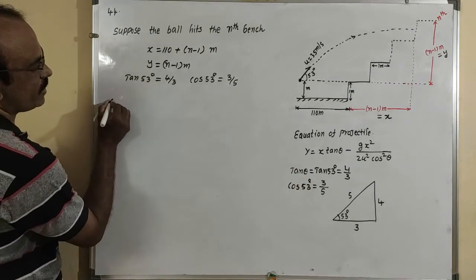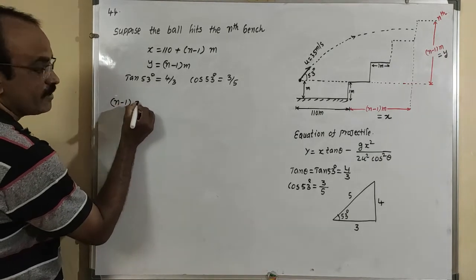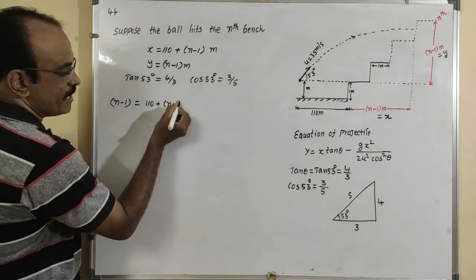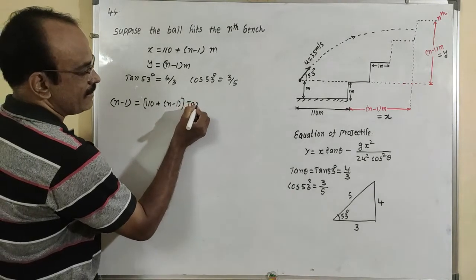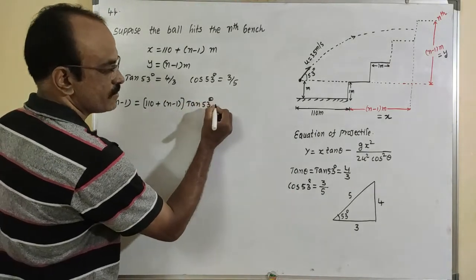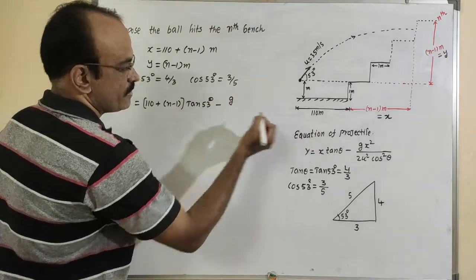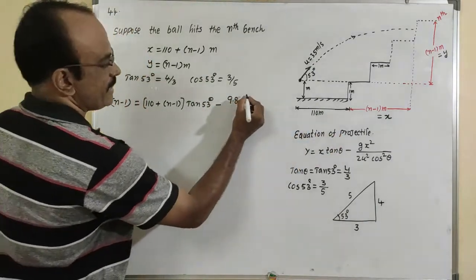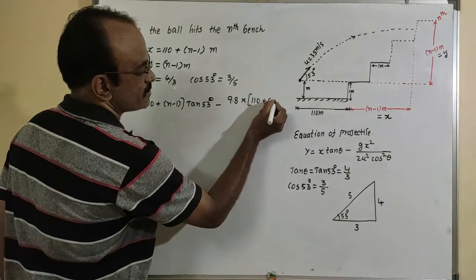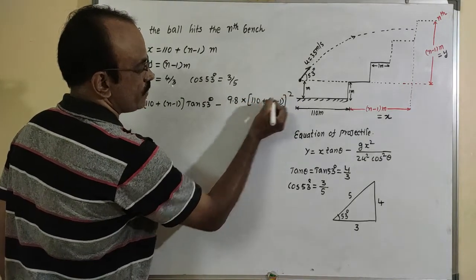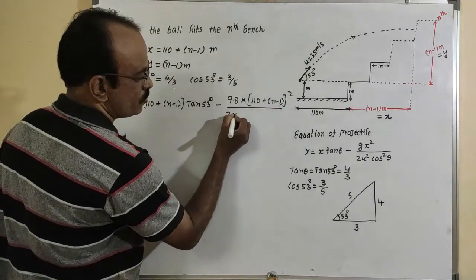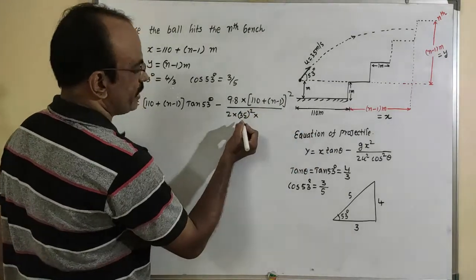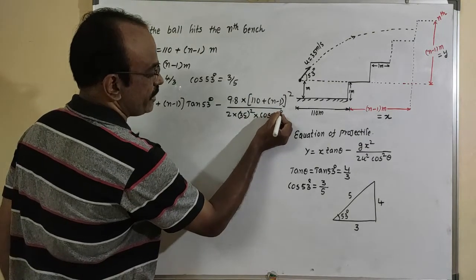So y, that is n minus 1, is equal to x, that is 110 plus n minus 1, into tan 53 degrees, minus g, that is 9.8, into x square, that is 110 plus n minus 1 whole square, divided by 2 into 35 whole square into cos 53 degrees.